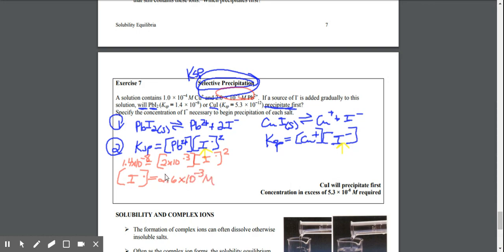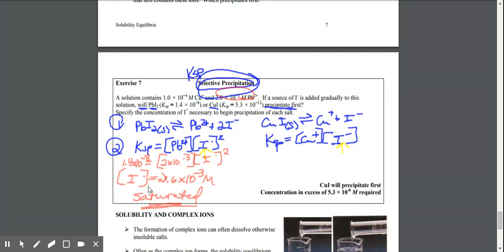Now let's explain what that answer means. This means that if I add 2.6 times 10 to the negative 3rd molar to this particular situation, I will then have what you call a saturated solution, because saturated means at equilibrium. If I'm plugging in these values, then I have to assume that that is at equilibrium.